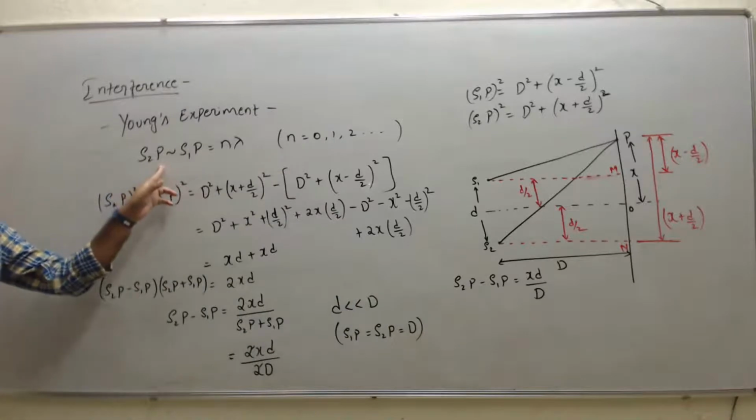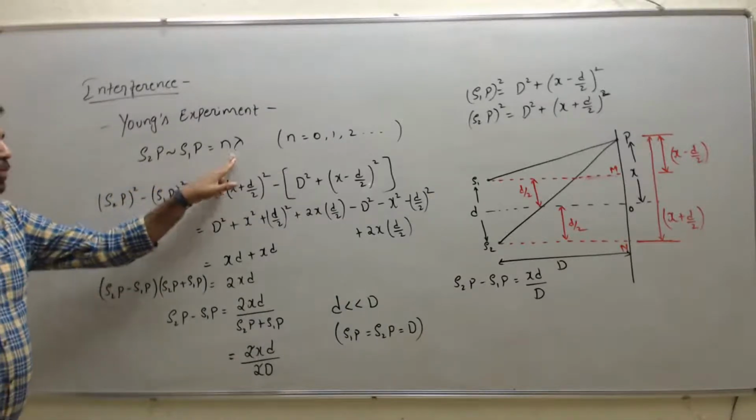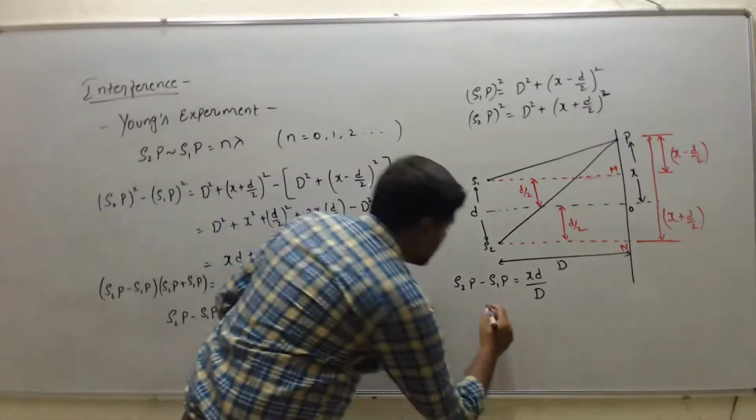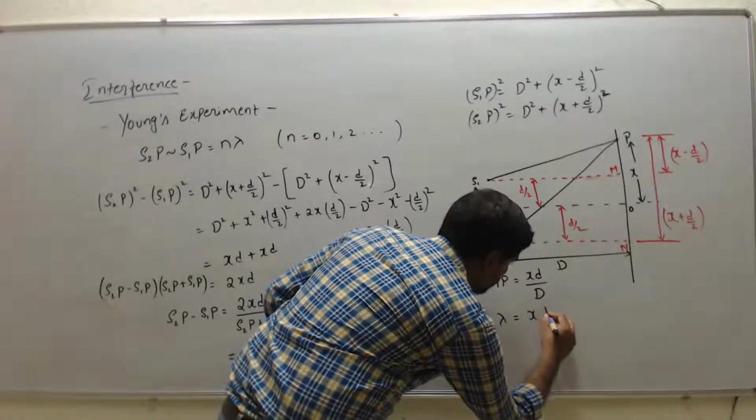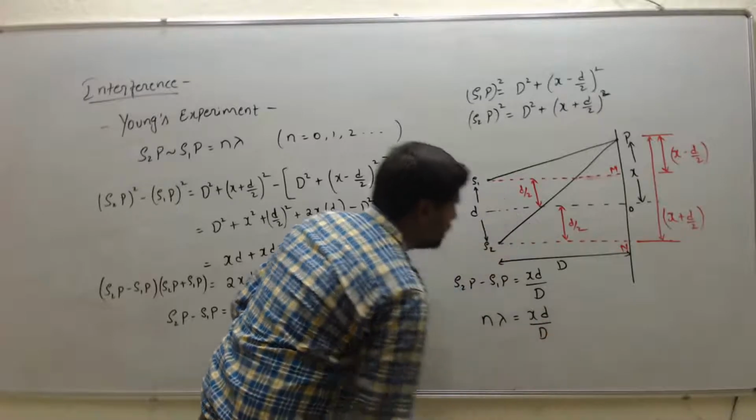Here we have written S2P minus S1P equals n lambda. Then here we can write n lambda equals xd divided by D.